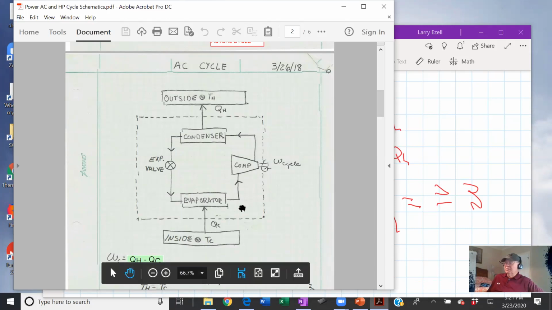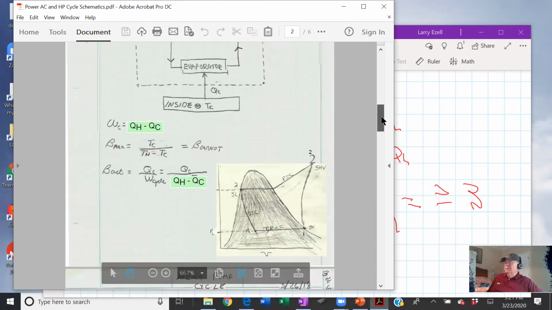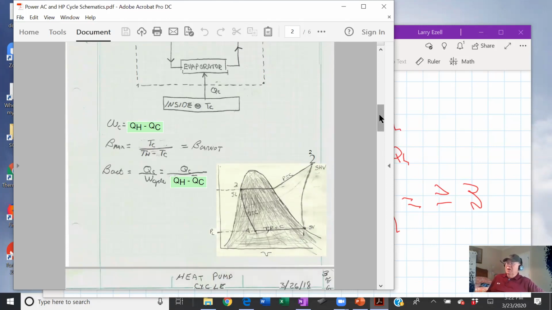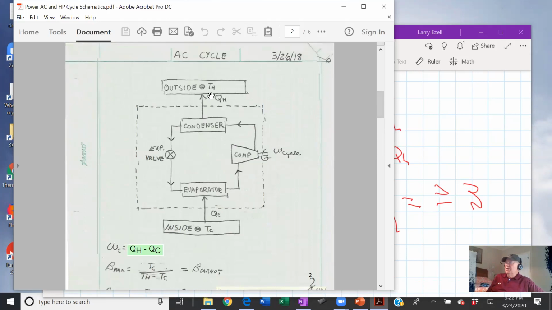But here's the diagram of it. And again, the working fluid here is not water. It's a refrigerant, R134A or R410 or R22, R12, some of the old ones. But here's your QH going outside to TH.